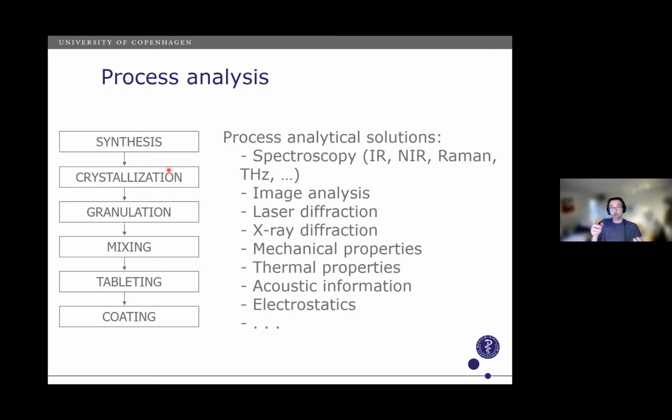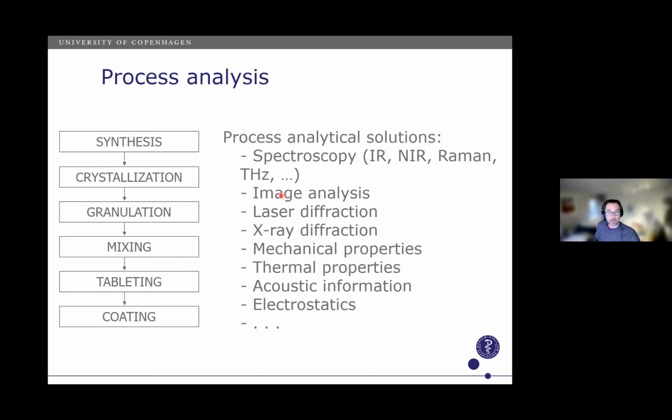So the ideal solution would be to control and measure the crystallization process so that you understand what is happening in there. And this can be done with different process analytical tools. These spectroscopic tools, infrared, near-infrared, Raman, terahertz, allow for direct measurements from moving material. And things like polymorphic impurities can be identified with many of these spectroscopic tools during crystallization.